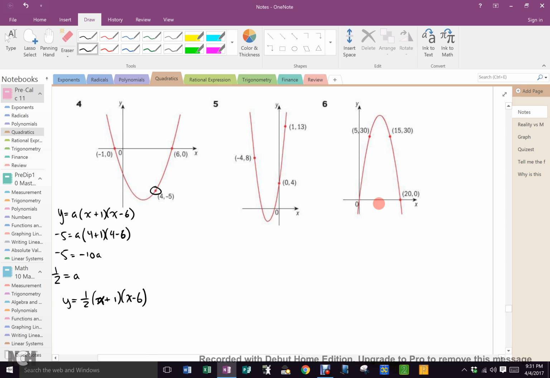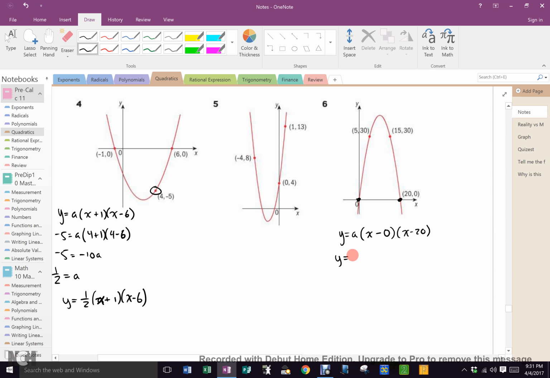This one here, this one's a little weird because I don't technically have a vertex, do I? But I have my two roots, (0, 0) and (20, 0). So y equals a(x minus 0)(x minus 20).